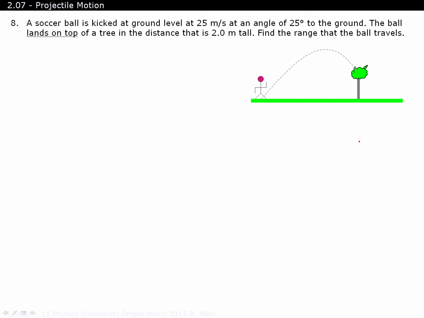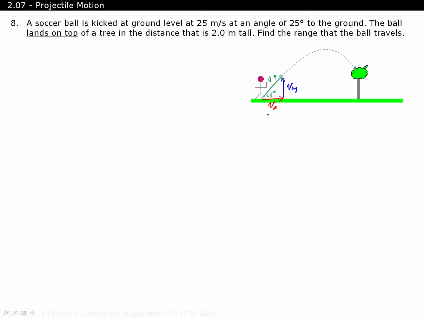All right, number 8. A soccer ball is kicked from the ground level at 25 meters per second. All right, so here is our Vi projection. It is at an angle of 25 degrees to the horizontal. With that, we can solve for the horizontal component Vx, and we can solve for the vertical component Viy.